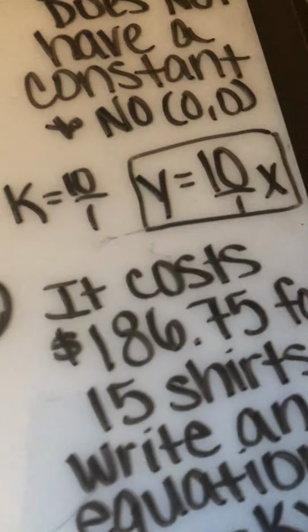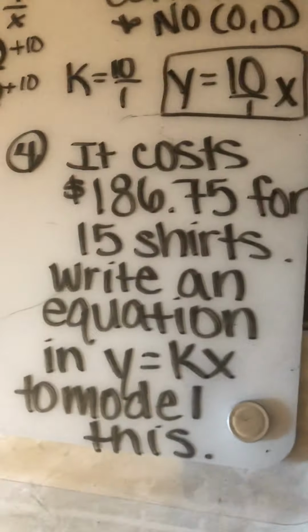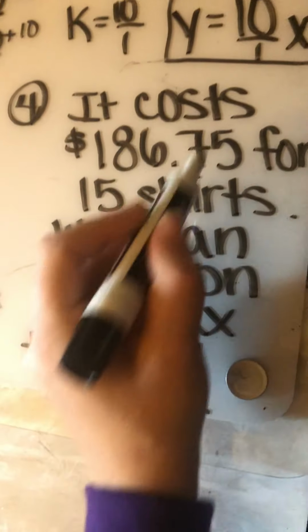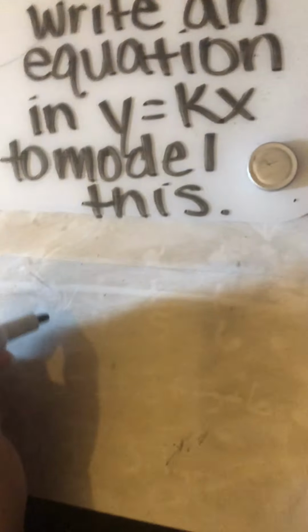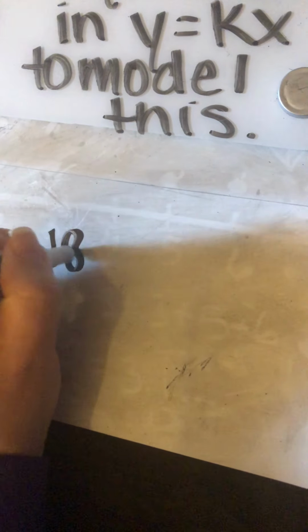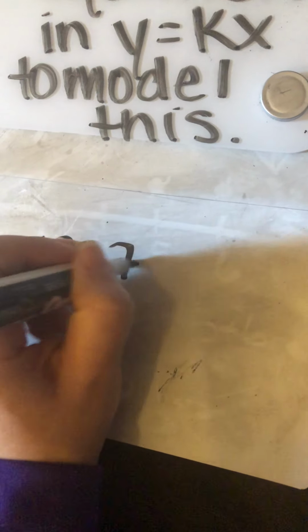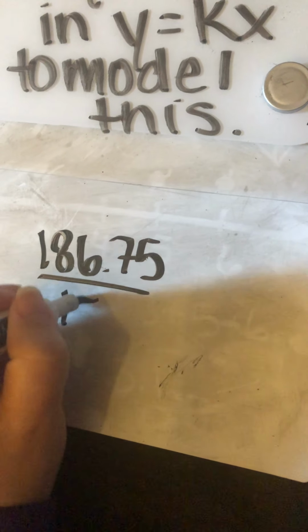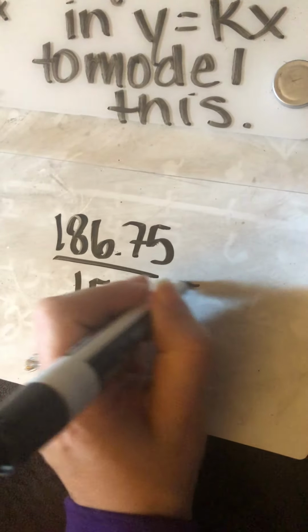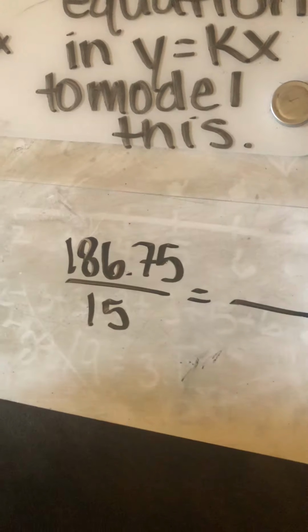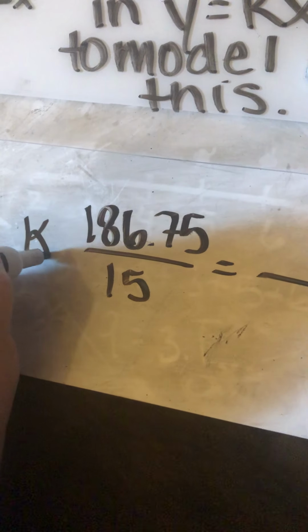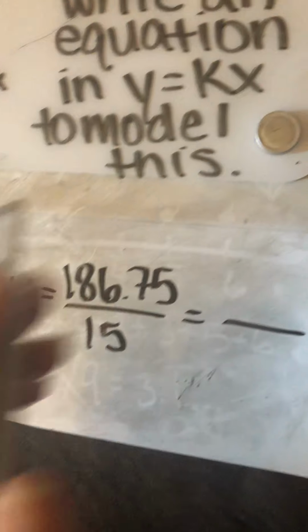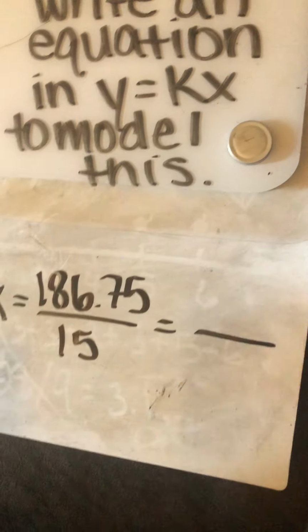So I'm just going to grab my calculator. And our constant, what we know so far, is that for $186.75, we can buy 15 shirts. So I want to simplify this to figure out what that unit rate is. And what we are doing is finding our constant to then plug in for our equation.